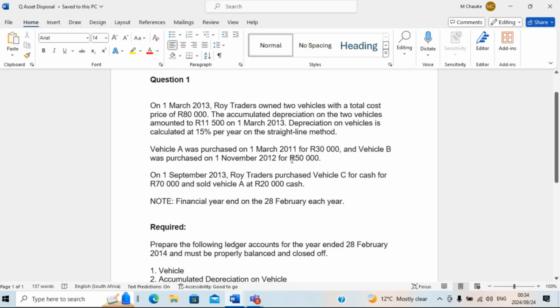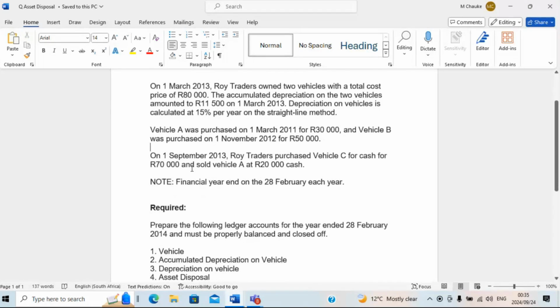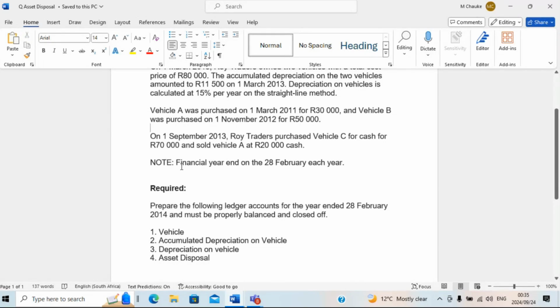And then it means this 50,000 plus 30,000 makes an opening balance of 80,000, right? That's where the 80,000 comes from. And then on the 1st of September 2013, Roy Traders purchased vehicle C for cash for 70,000 and sold vehicle A at 20,000 cash, right?